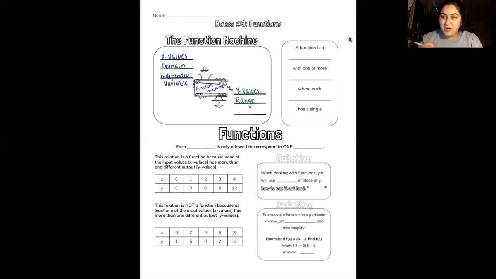And we learned that that's also range. So domain is how wide something is, what x values we cover, and range is how tall something is, what y values we cover. And another way we can talk about range is by calling it our dependent variable.